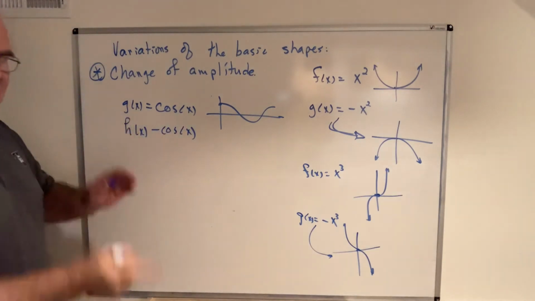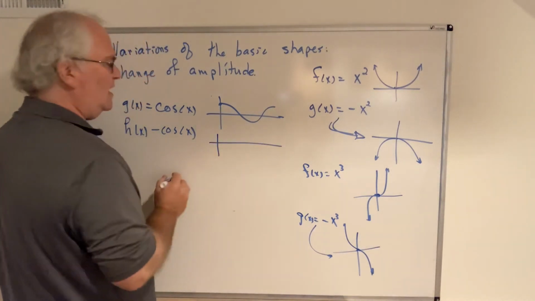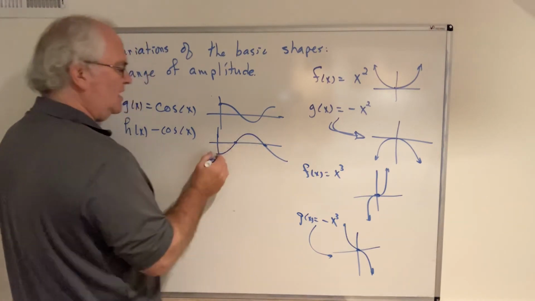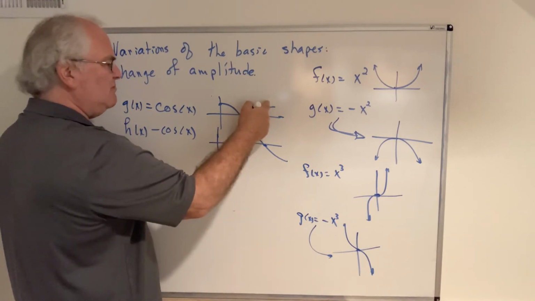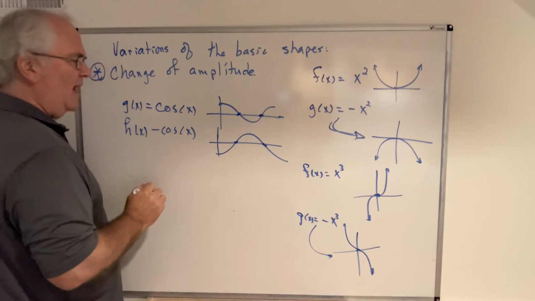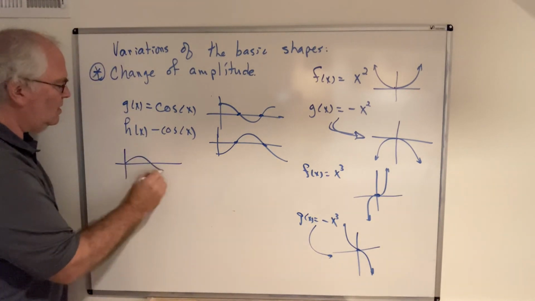What was above becomes below, what was below becomes above, and points on the axis don't change. And so we get a picture that looks like this. And so you should have in your mind's eye these four graphs.